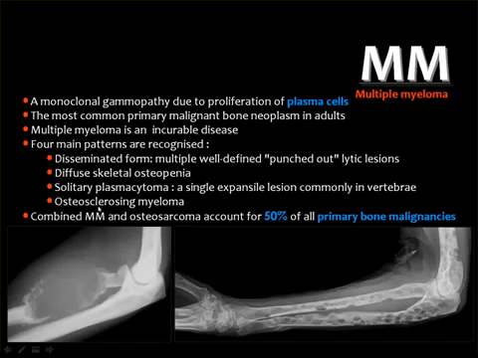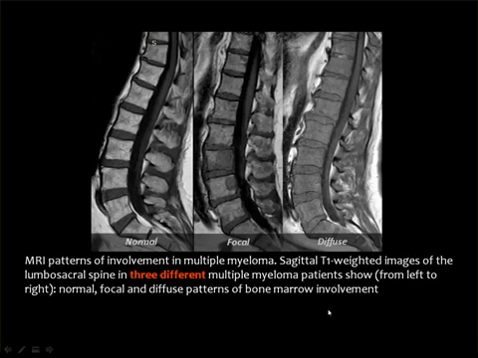Then the sclerosing type of myeloma, which is considered a rare manifestation because myeloma is mostly an osteolytic disease. Combined, multiple myeloma and osteosarcoma, these 2 main tumors, represent about 50% of all primary bone malignancies. Osteosarcoma, of course, you know is the most common primary malignancy in the young age.